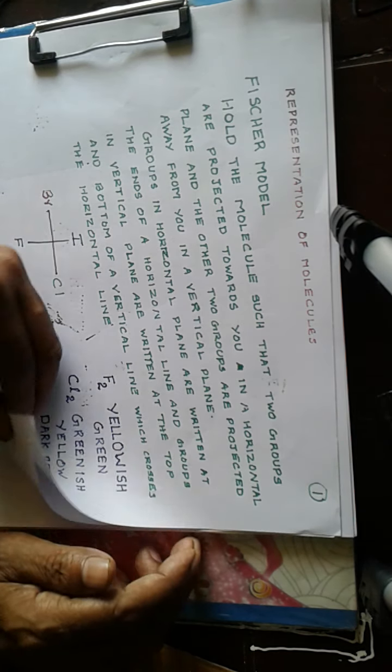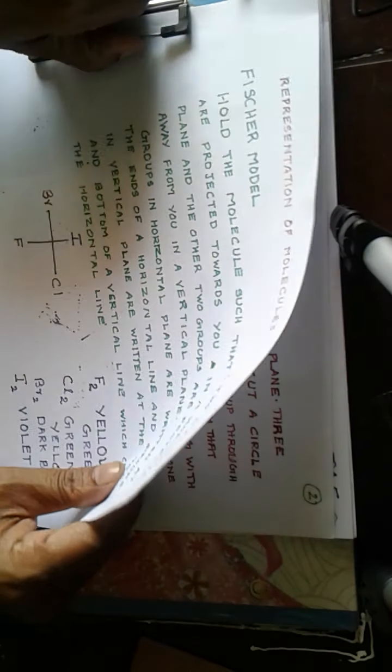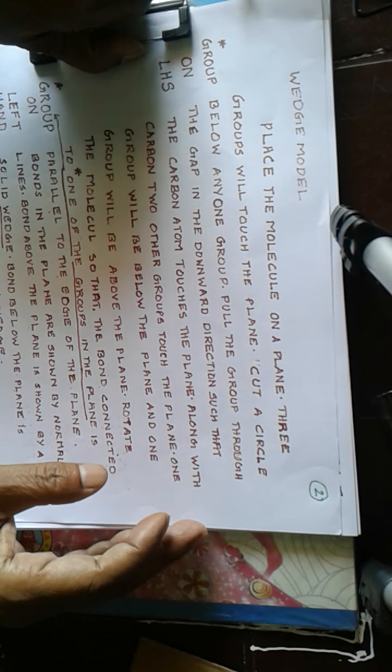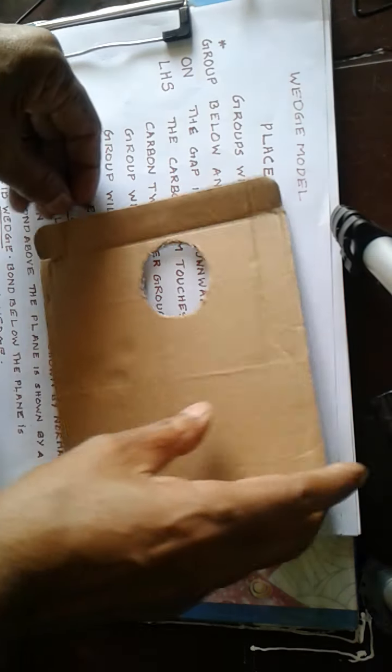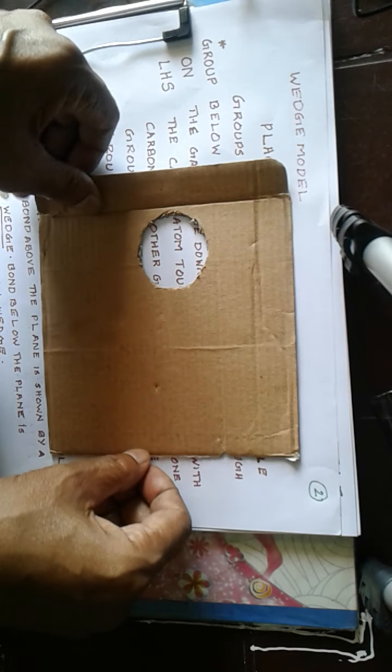Now coming to another method of representation, that is the wedge model. For drawing the wedge model, you place the molecule on a plane. So this is the plane, and you place the molecule on the plane.